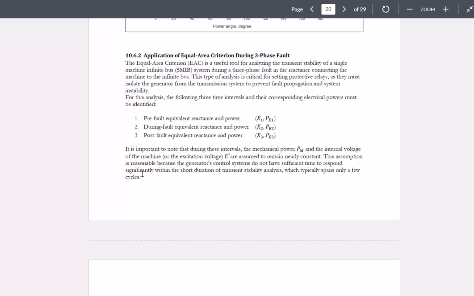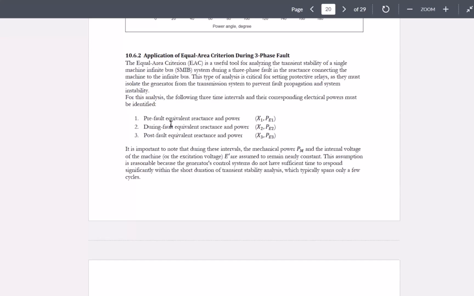Pre-fault, when the system is at rest under steady state conditions, we call that equivalent reactance X1, and the curve P1 is associated with that time.